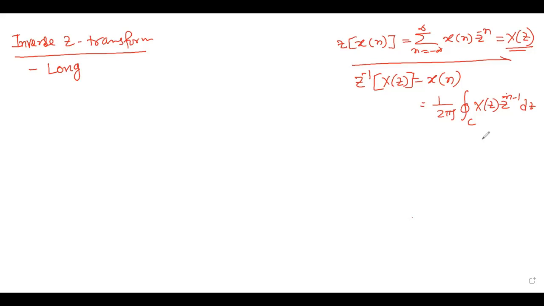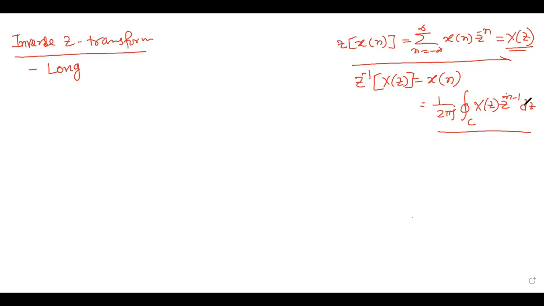If you use this formula to calculate x[n] from X(z), it will be difficult, so we'll use some other method. This is the formula of the inverse Z transform, 1 by 2 pi j, the contour integral of X(z) z to the power n minus 1 dz.